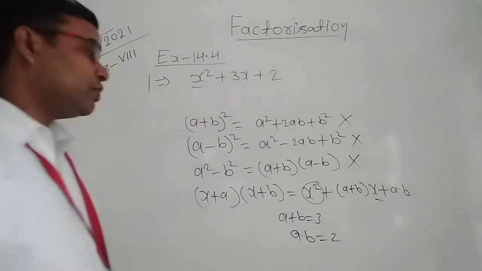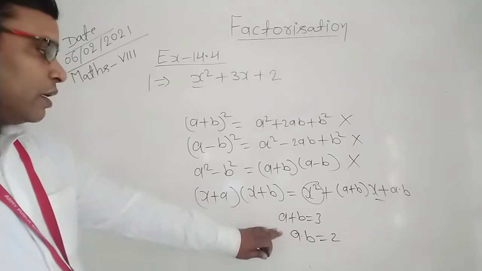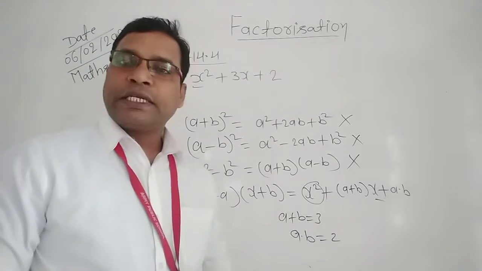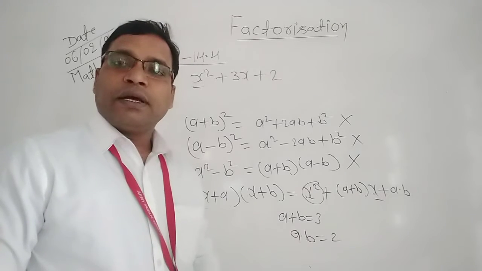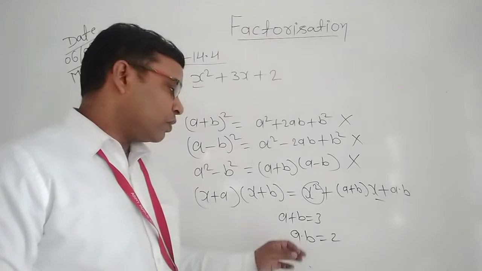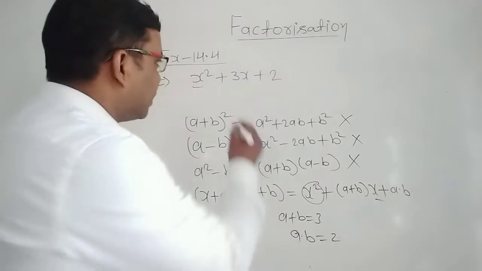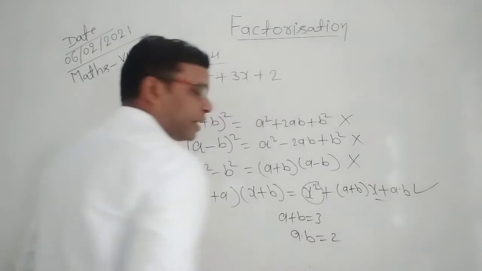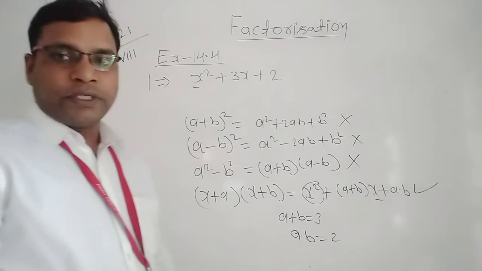Clear? So student, you can see here we find the factors of 2 such that their sum is 3 but their product is 2. Okay, so in this case we apply this identity number 4. This is clear.